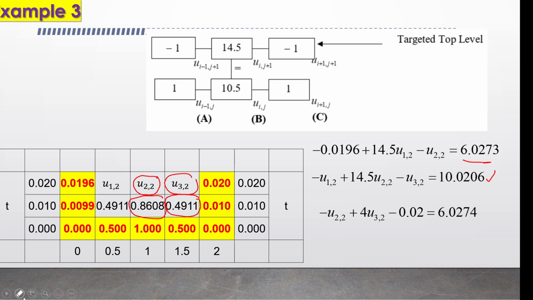Move one column to the right to get the third equation. Moving here, the third one: negative U22 plus 14.5 U32. This one also has a typo. Minus, because here minus 0.02, equal to 1 times here plus 10.5 times this value plus 1 times this value, you get 6.0274.